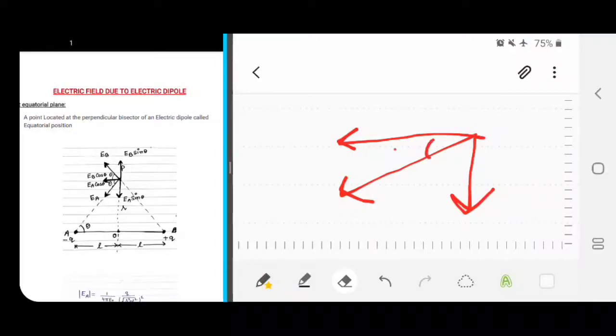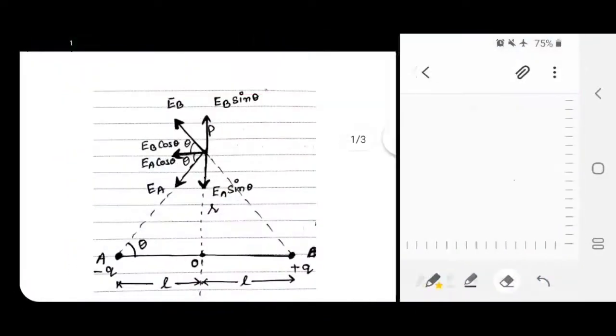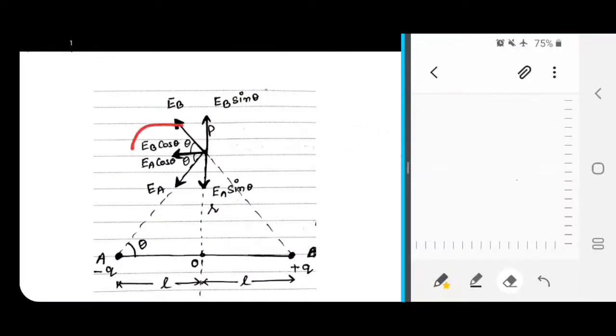It is angle theta, so it will become EA cos theta, and this vertical component is EA sin theta. Similarly, in the same way, we resolve the vector EB into components, which gives the horizontal component EB cos theta and EB sin theta in the perpendicular directions.